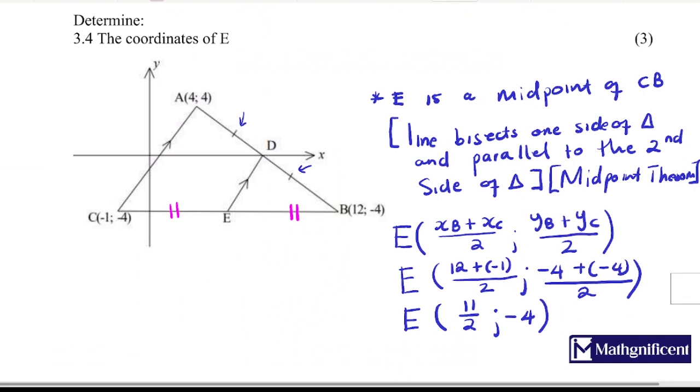So let's do this. Now we are going to use the fact that this line CB is perpendicular to the y-axis. How do we actually see that? We see that the y value of the C coordinate is -4, and looking at this value here, it is also -4.